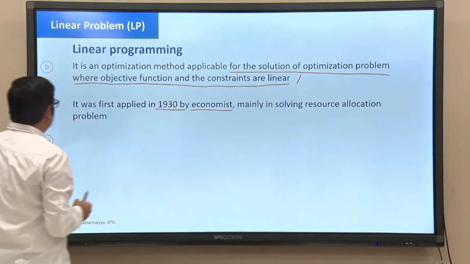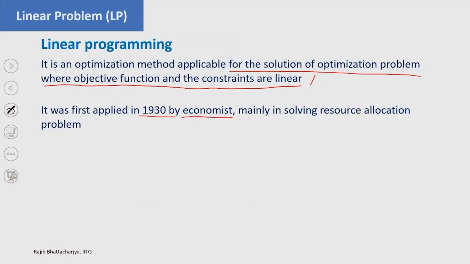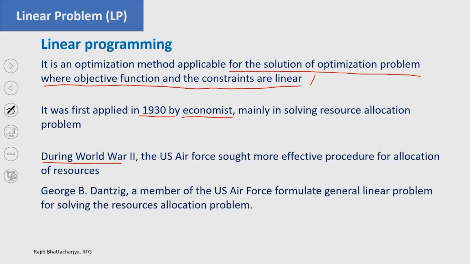During World War II linear programming was used. The US Air Force sought a more effective procedure for allocation of resources, and they used linear programming for the allocation of resources.